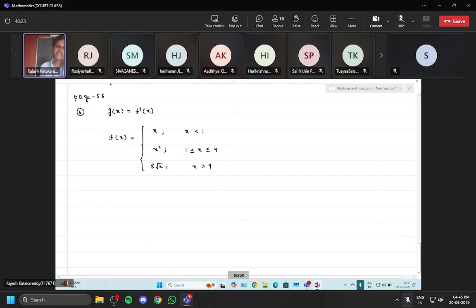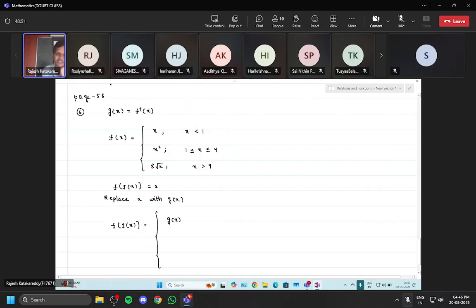Now to find the inverse, I'm using the concept that if I do composition between the functions f and g, I should get an identity function. For this, I'm replacing x with g of x in the given function. The left hand side will be f of g of x, and on the right hand side, wherever you see x, you write g of x.